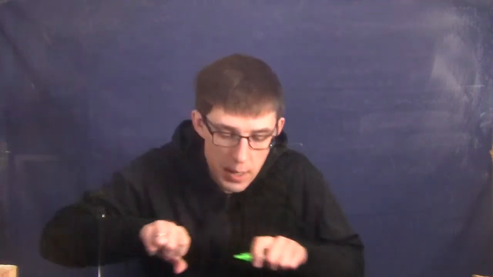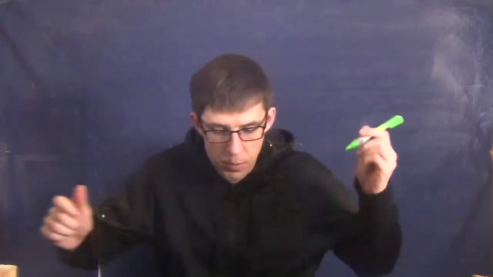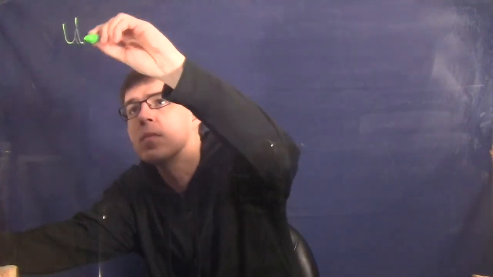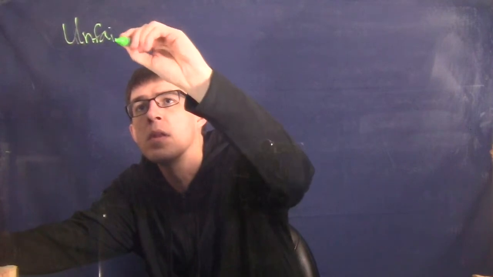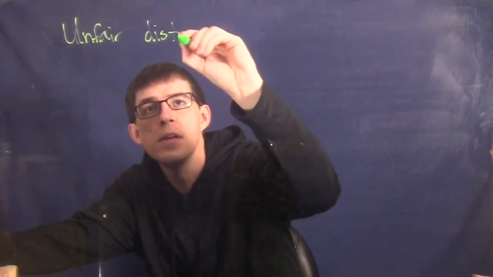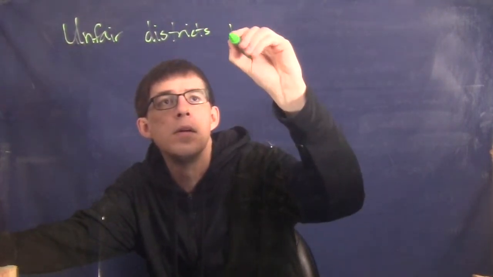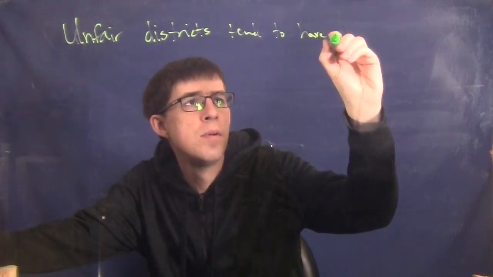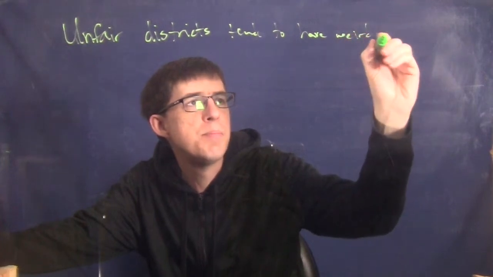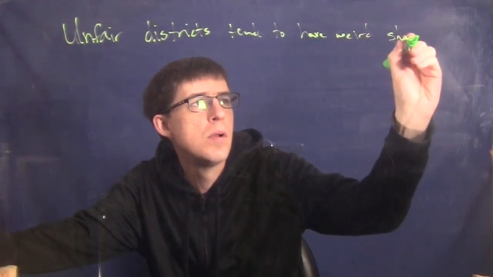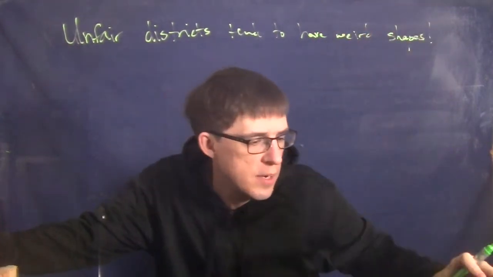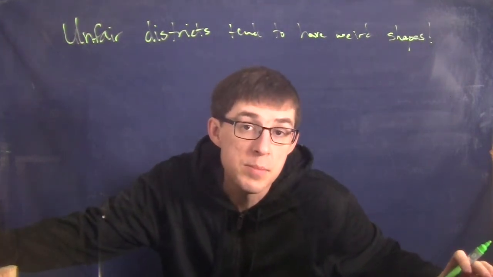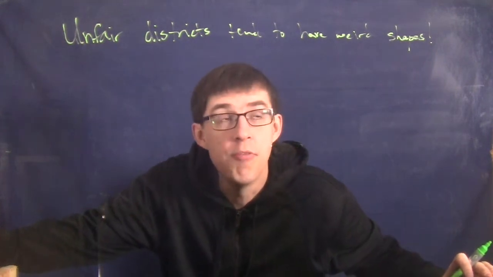Here's a basic principle which we are all familiar with by now: unfair districts tend to have weird shapes. You've seen that, and you know in order to achieve weird outcomes, the shapes sometimes end up being very weird.